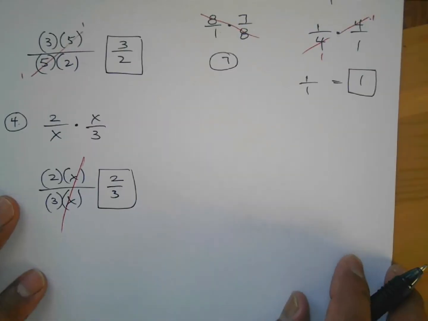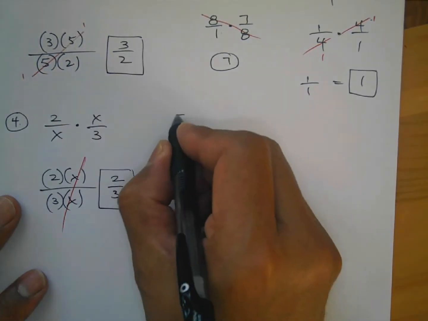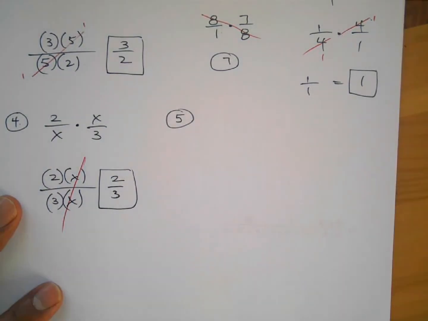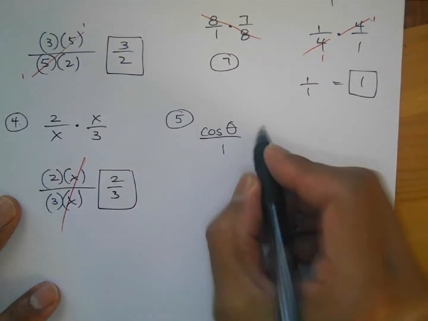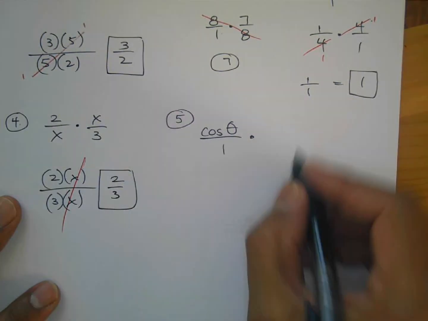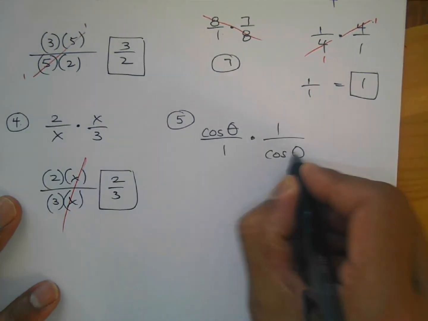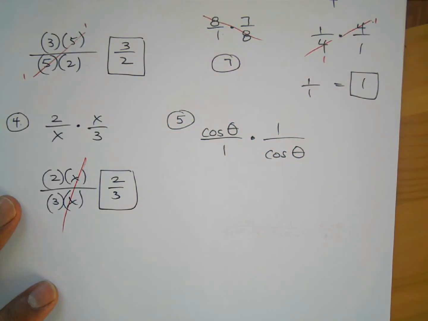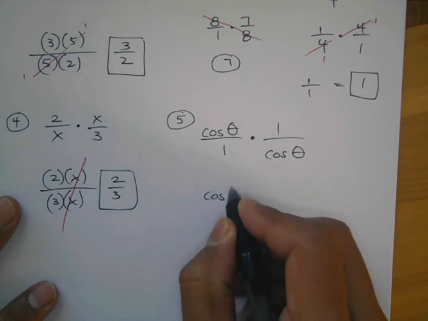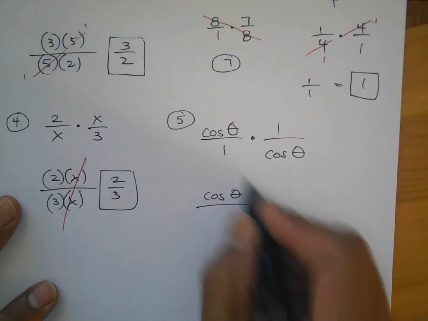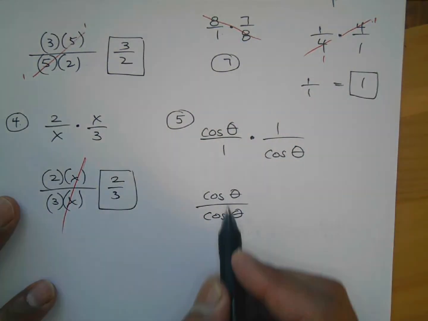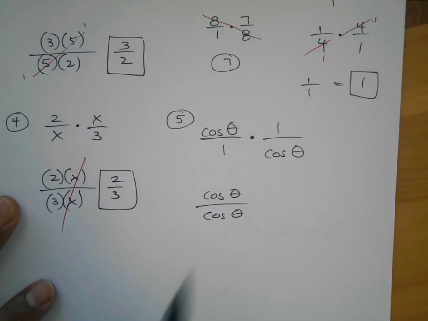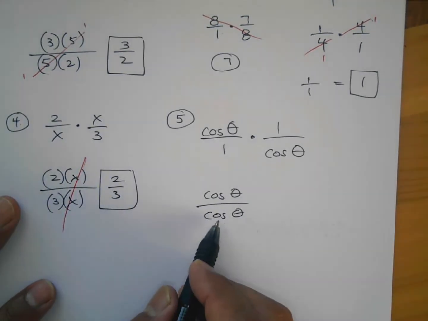Okay, one more of these review simple ones, and then you'll start seeing the ones with the identities. What if I have cosine over 1 times 1 over cosine? Well, this is really going to be cosine over what? Cosine. Just like if it was 2 divided by 2, just like if it was x divided by x, cosine divided by cosine, right?